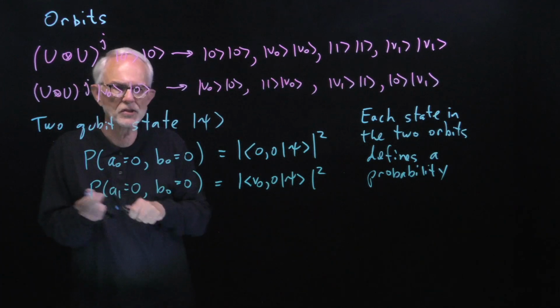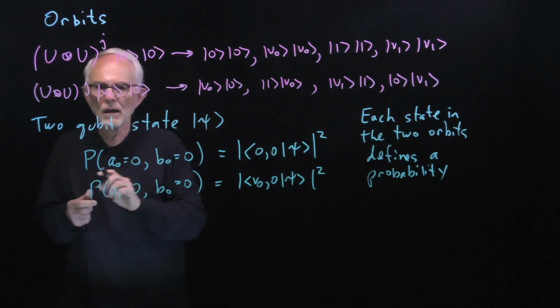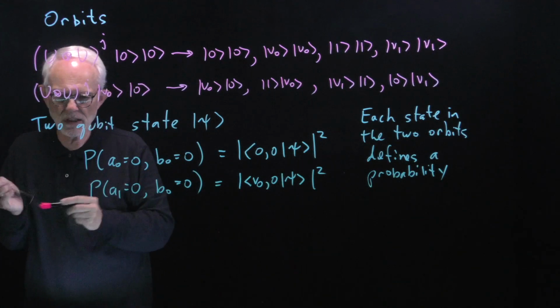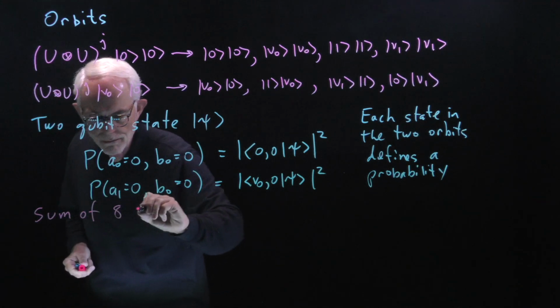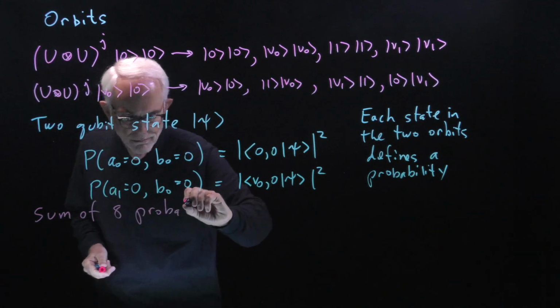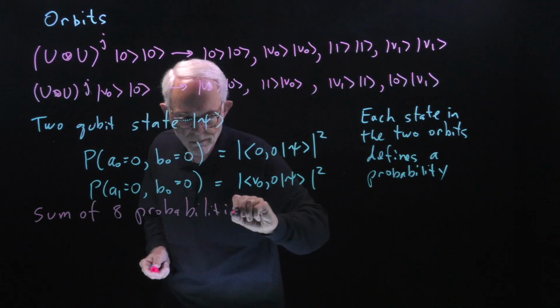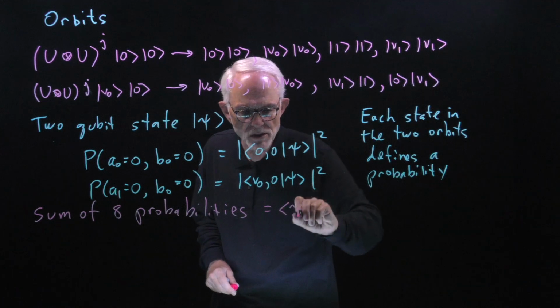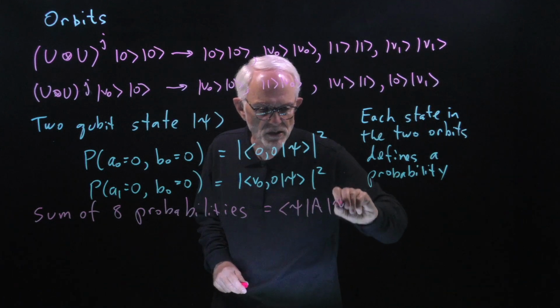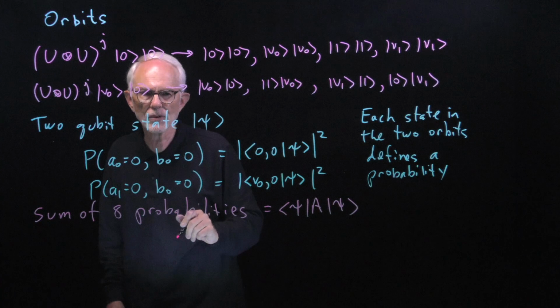So now let's talk about adding up all the probabilities. How can I express that? The sum of all the probabilities together is just going to be equal to psi A psi. So what is A? A is going to be some operator.